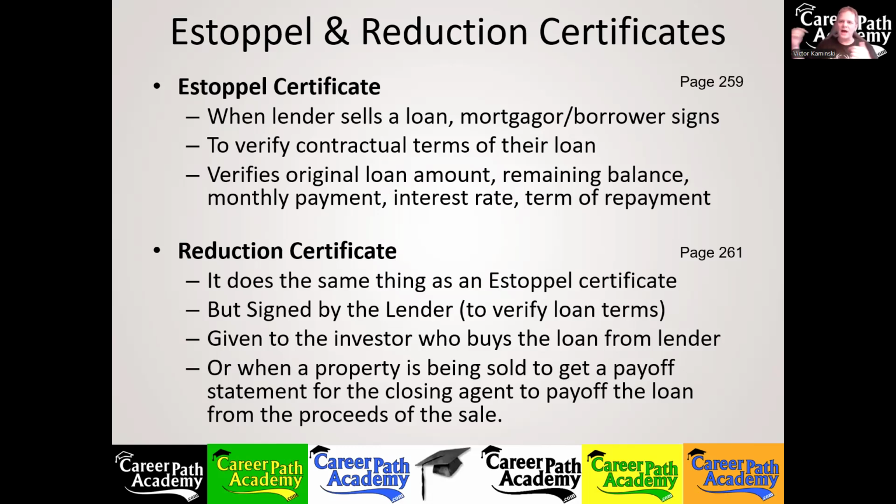Now that investor who's buying the loan will pay them back all of the money that they lent out, plus some of the interest, because they're going to make a lot of money on interest. So they're going to pay off some of the interest as profit for that lender. And they may possibly hire that lender to continue servicing the loan by sending out the bills, doing the collections and rendering accounting.